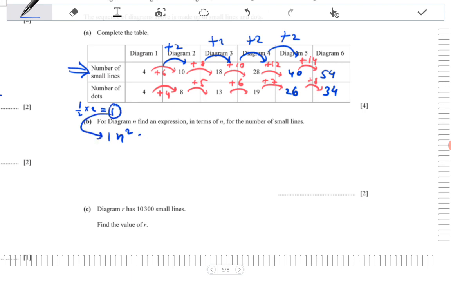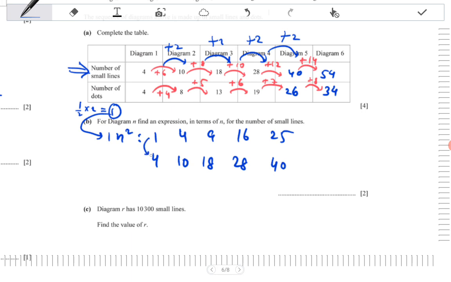So the n square sequence should be made with n values: for n as 1, it gives you 1, as 2, it gives you 4, as 3, it gives you 9. For 4, 16. For 5, it's 25. And check what numbers are stated there. The numbers stated there are 4, 10, 18, 28, 40, and so on.